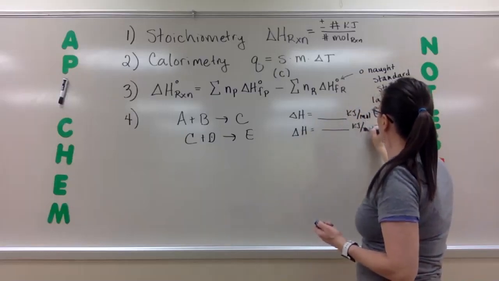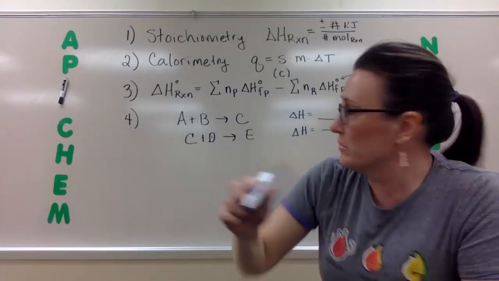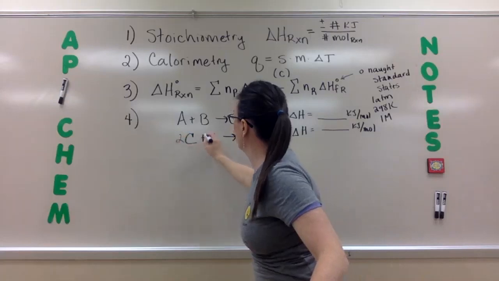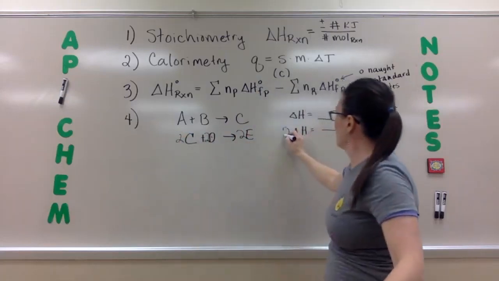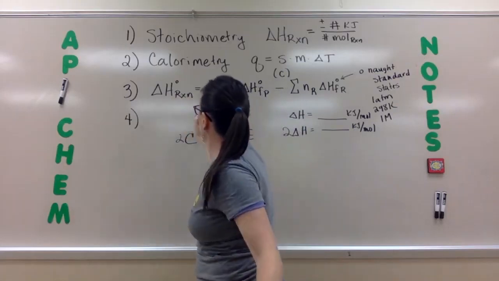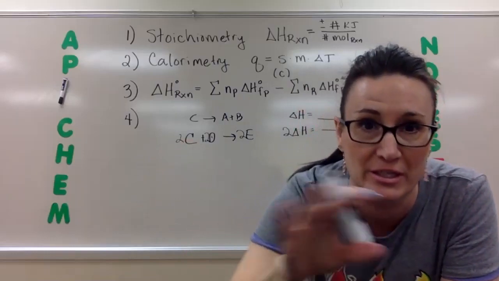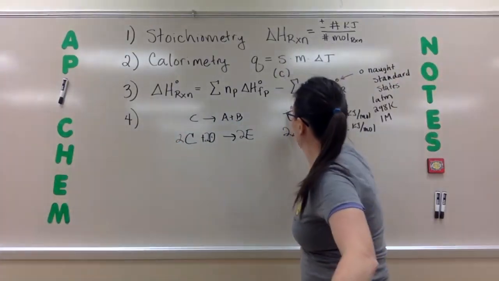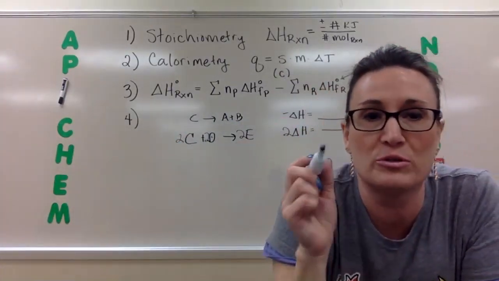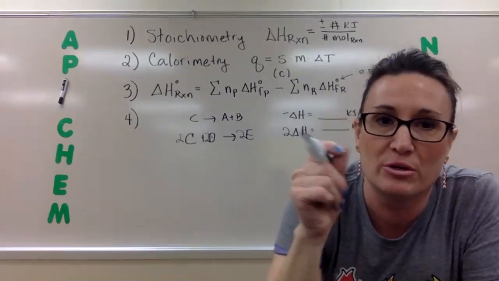Okay. And then what you can do with those numbers is you can multiply them. So you could multiply all this by 2, and then you'd multiply that by 2. Or maybe you're going to take this equation and write it the other way. I'm not saying that with my letters this would be a good idea. I'm just using examples. And then you would negate that. Okay, so hopefully that's familiar. When you see the exact example, don't look at my letters because that makes no sense, but you'll see.